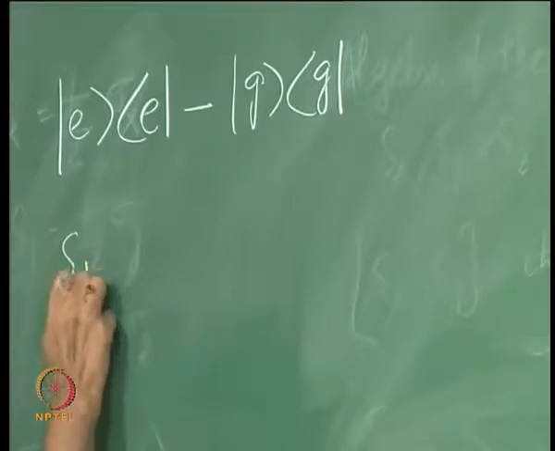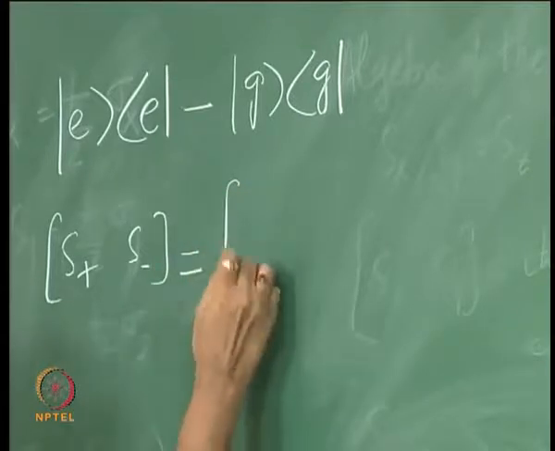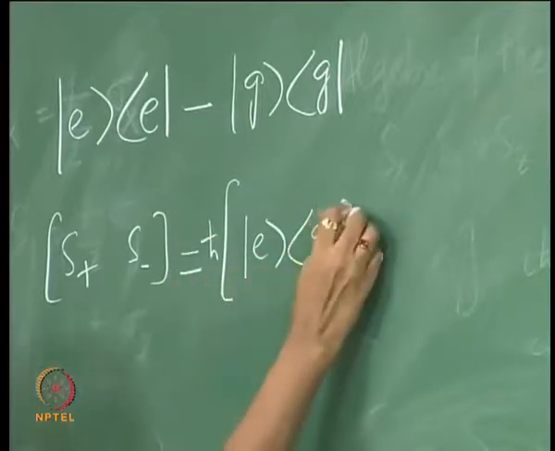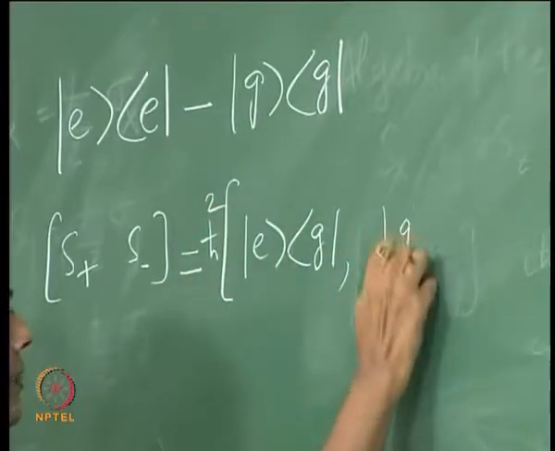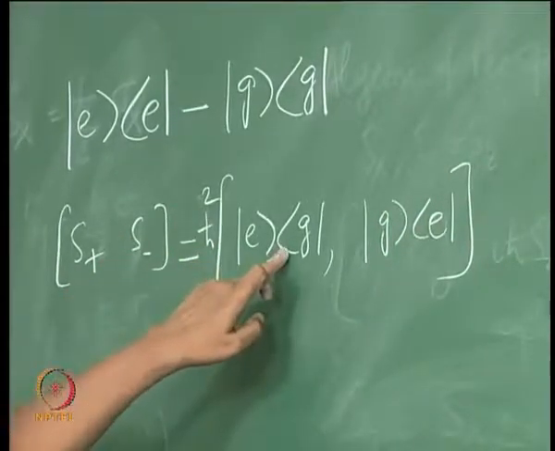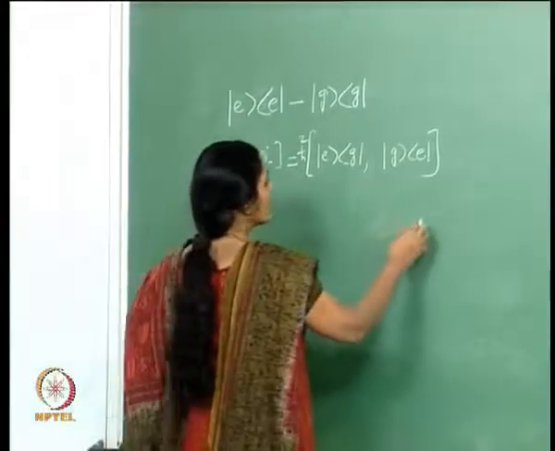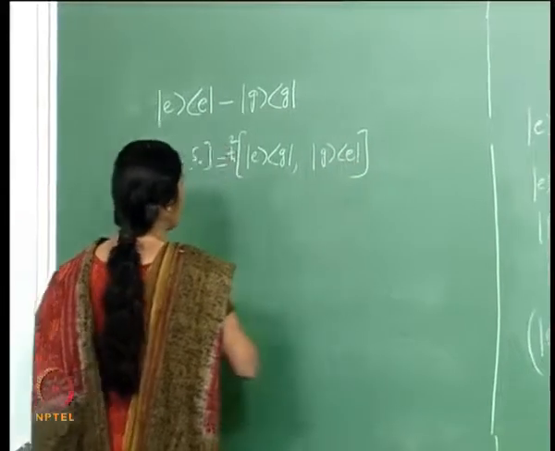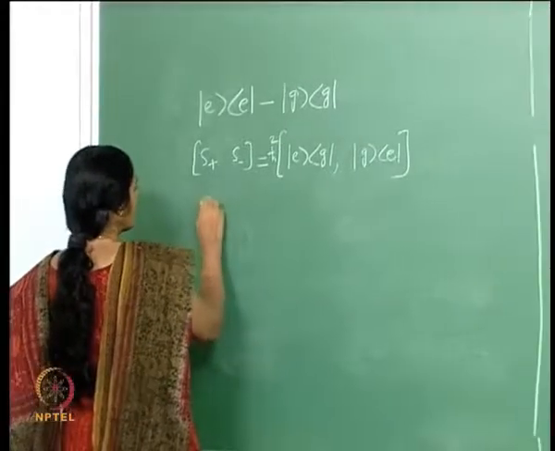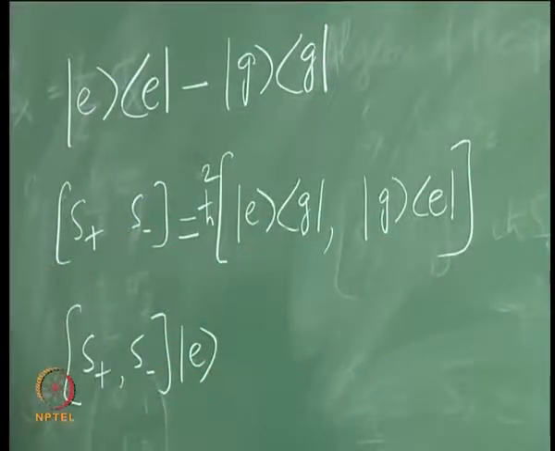Suppose I find the commutator of S plus and S minus in this language, that is the same as trying to find the commutator of |e><g| with |g><e|, apart from an ħ squared. I pulled out ħ squared because there was an ħ with this operator and there was an ħ multiplying this. The way to do this is to make it work on some basis state and see if the algebra that we have is indeed state independent. So let us consider the commutator of S plus with S minus acting, shall we say, on the state e.